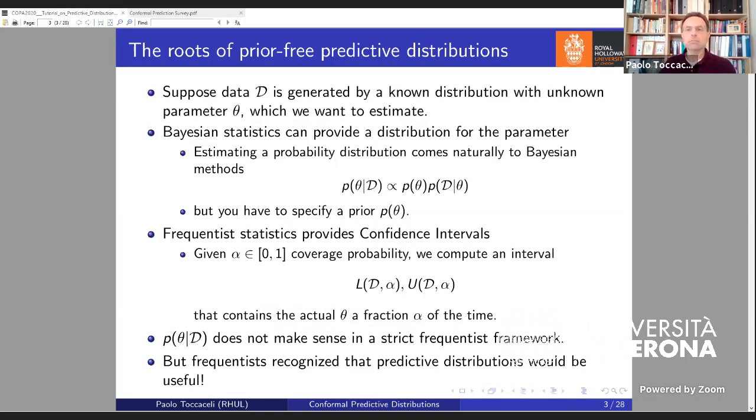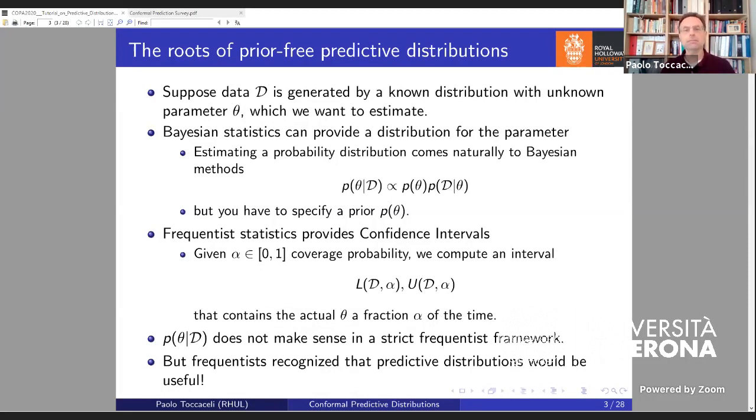Bayesian statistics very naturally can estimate a probability distribution for the parameter. And they do so by applying fundamentally Bayes' theorem. So as you see in the slide. But the problem with that is that you have to specify a prior distribution for the parameter.